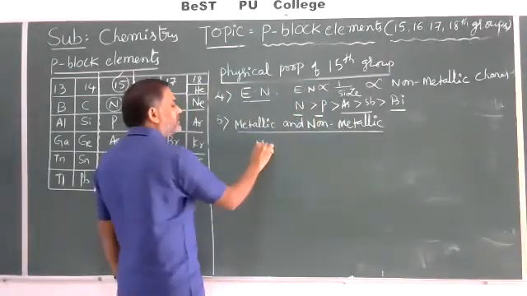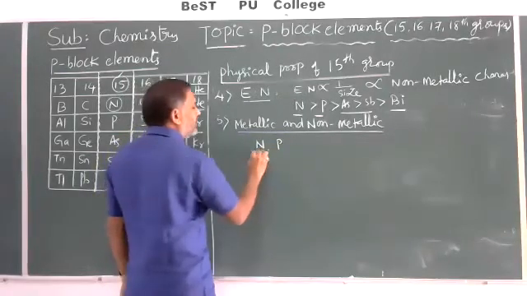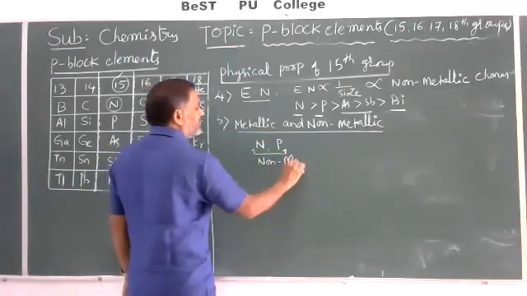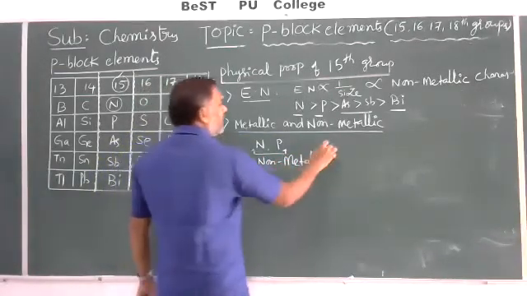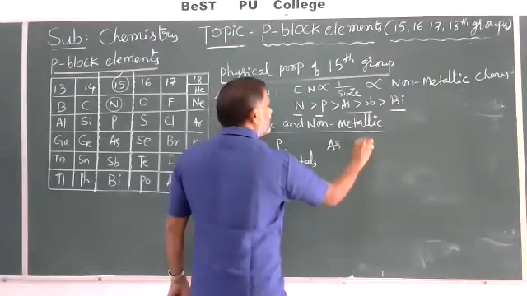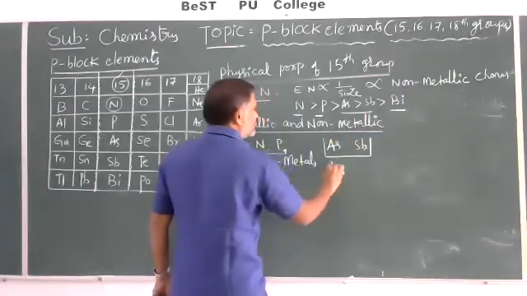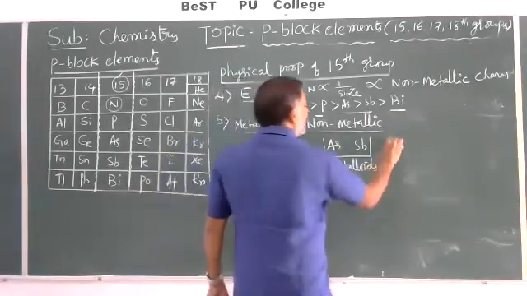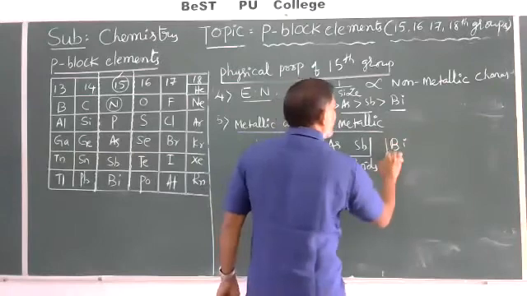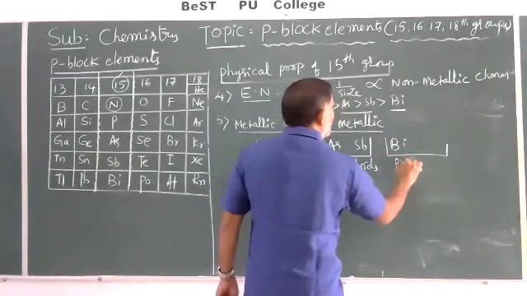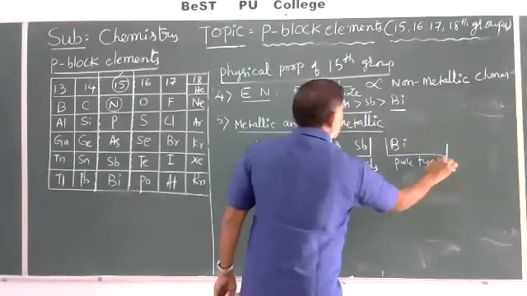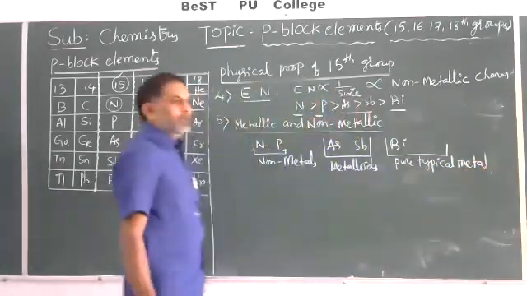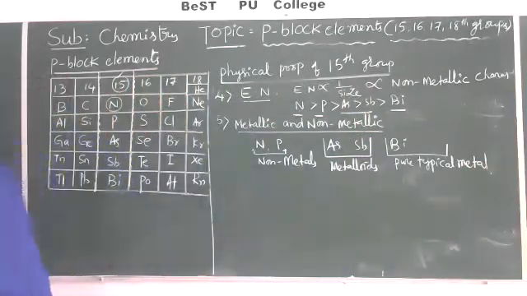Nitrogen and phosphorus are the non-metals. Arsenic and antimony are metalloids. And bismuth is a pure typical metal. So that is the metallic and non-metallic character.